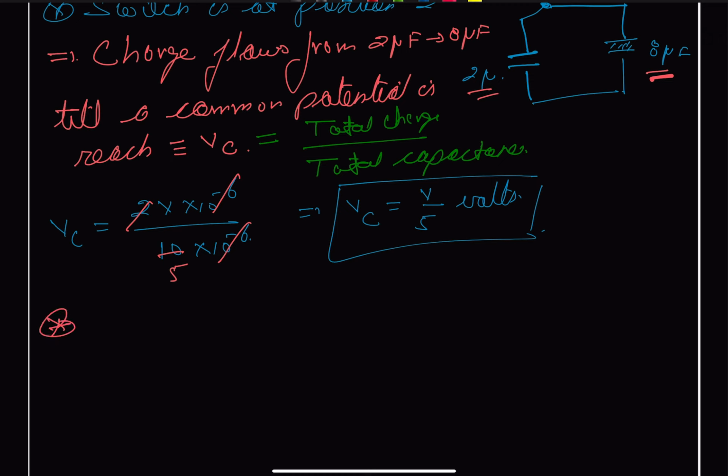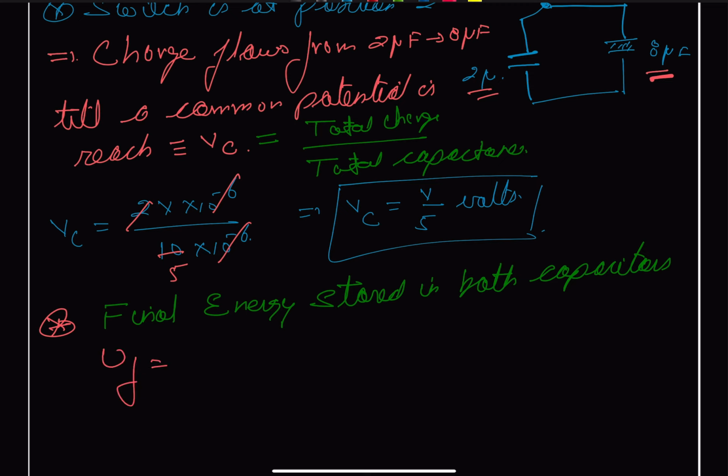So we can say the final energy stored in both capacitors, let us call that U of F, is half into 2 plus 8, into 10 to the power minus 6, and the potential is V by 5, whole square.